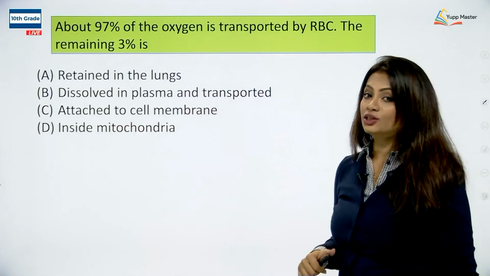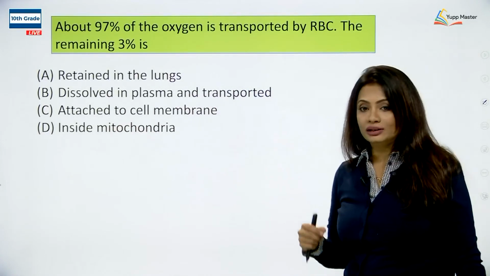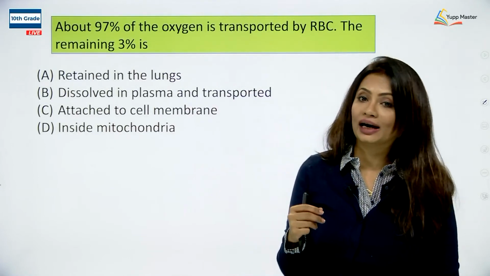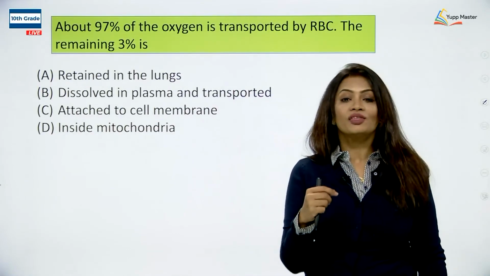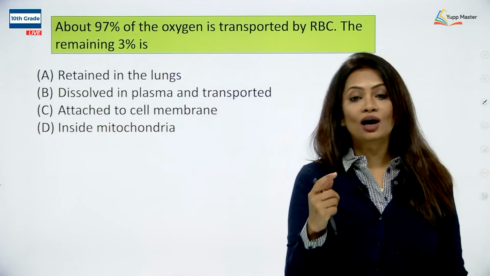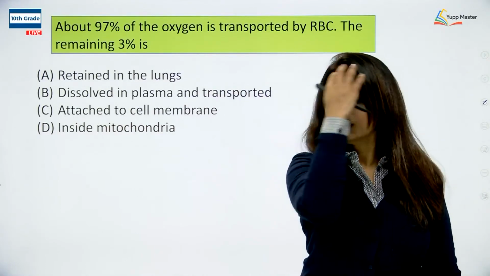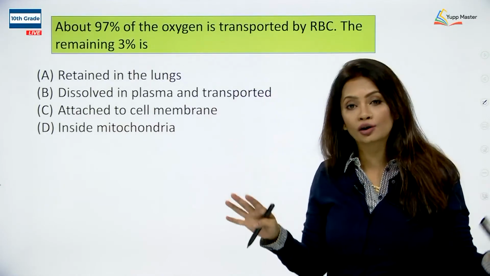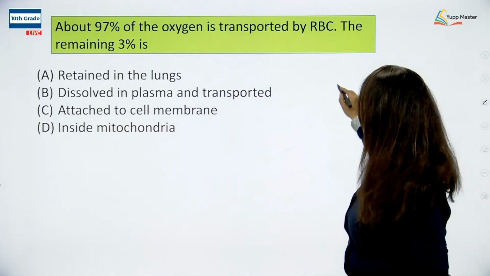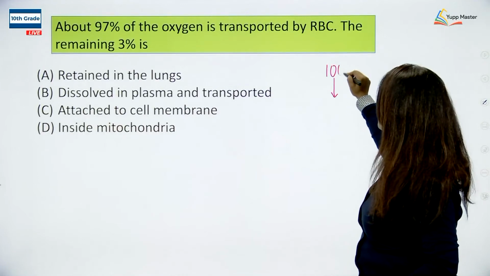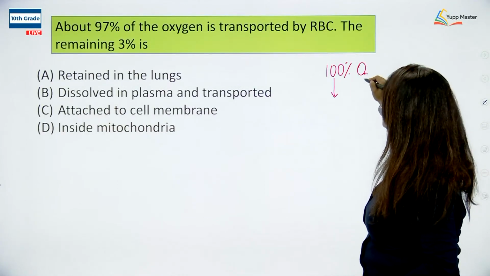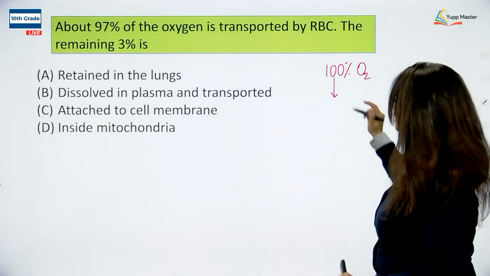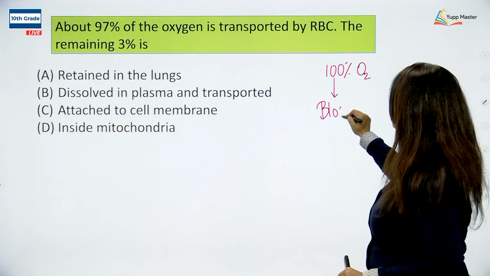Alright, coming to the next question. About 97% of the oxygen is transported by RBCs, okay. The remaining 3%, how is the remaining 3% traveling? Remember, whenever oxygen enters into the body, 100% of however much oxygen has entered into the body, that total amount of oxygen is going to first enter into blood.